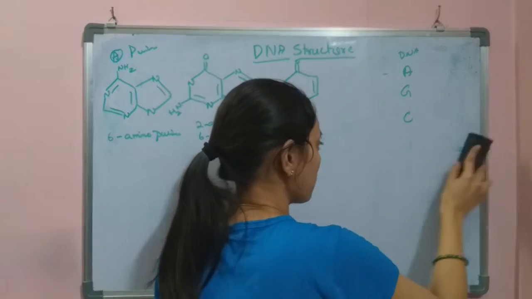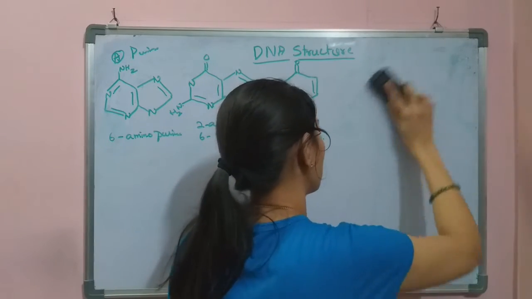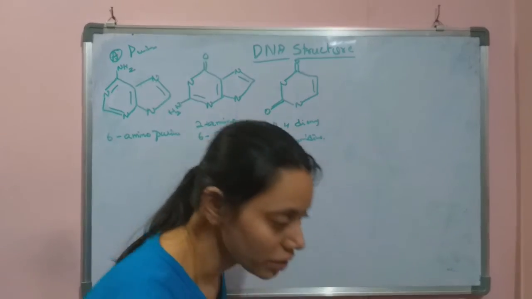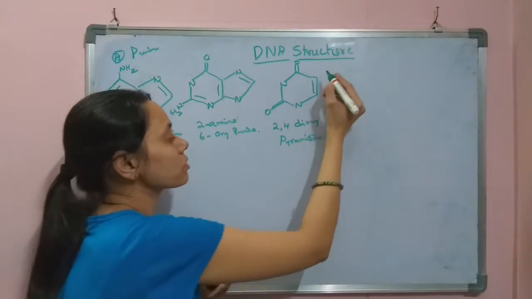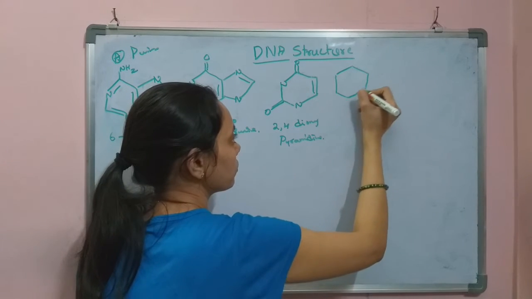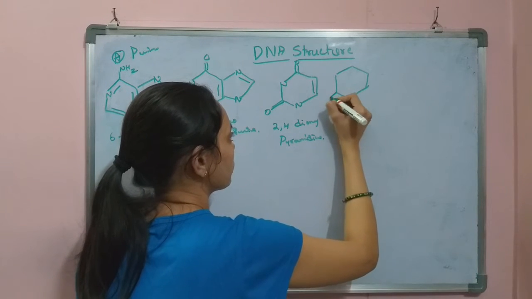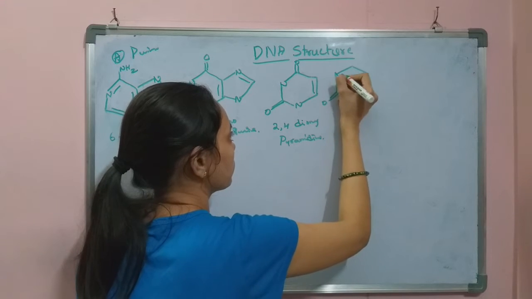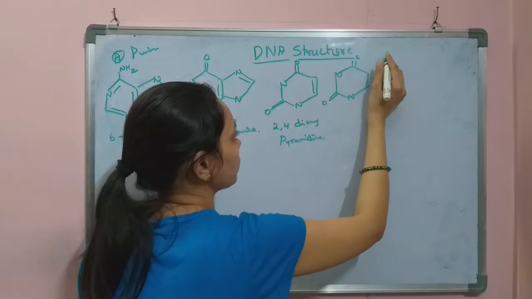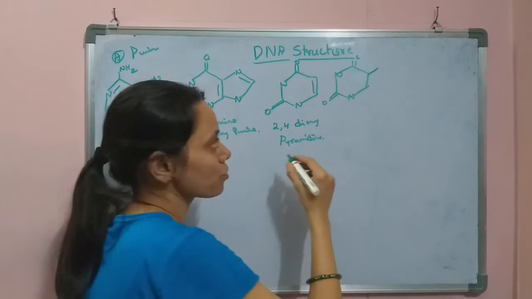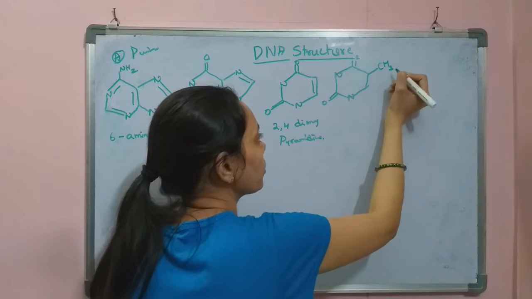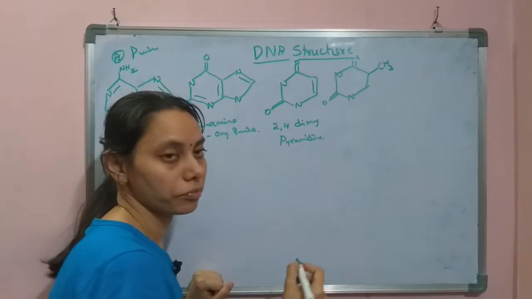Thymine can only be found in the DNA, while uracil will be in the RNA. Both are similar, but along with these 2 oxygens, thymine also has a methyl group on its 5th position.